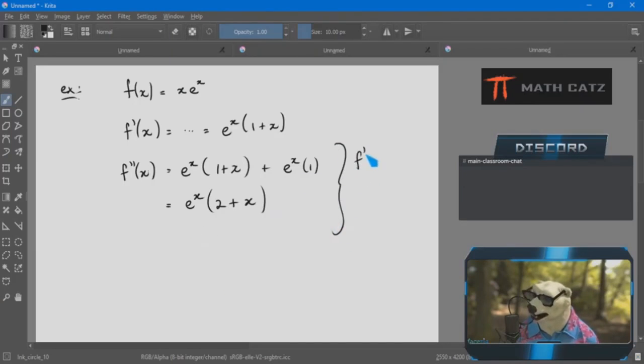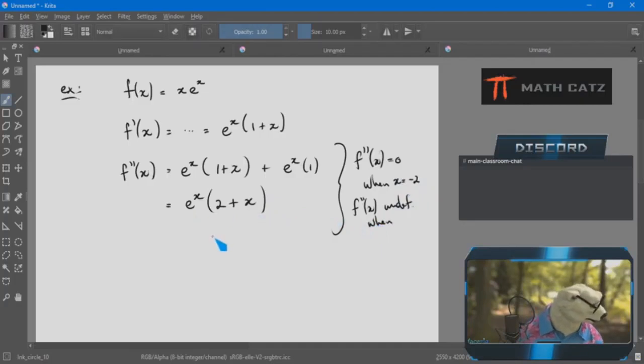Out of this, I get the second derivative equaling 0, check. Second derivative, undefined, check. Second derivative equaling 0, when one of these two guys equals 0. Well, from the bracket, I definitely get -2. And e to the x is 0 when?